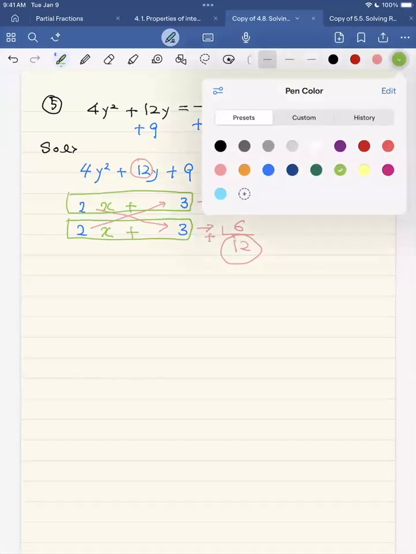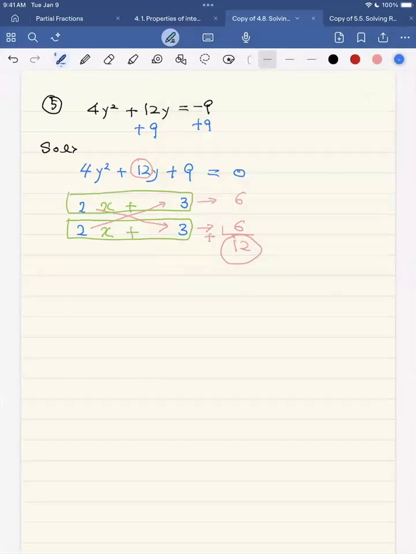So the factoring will be 2x plus 3 times 2x plus 3 equals 0. So we can say 2x plus 3 squared equals 0.